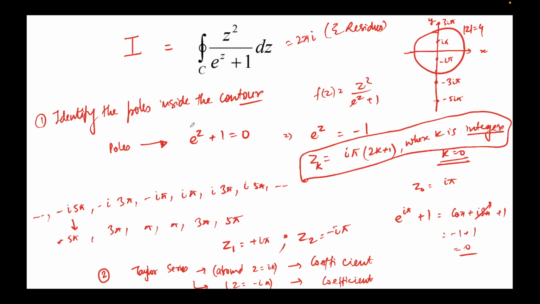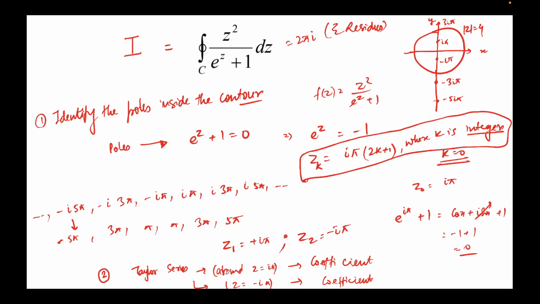So first we identified the poles, and mind you, first we find out all the poles, and then we find which ones of them fall inside the contour. We could see that only two of them out of the infinite poles were falling inside the contour, and then we tried to find the residue.